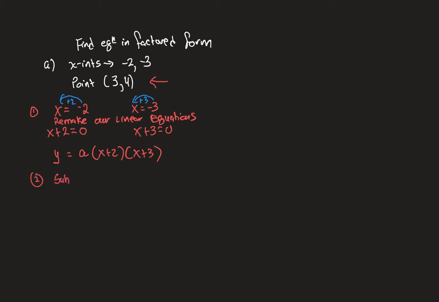So you're going to sub 3, 4 into the equation. So let's do that. You're going to have a 4 here, and the a, and instead of the x, you're going to have the 3. Instead of x, you're going to have the 3. And finally, solve for a.